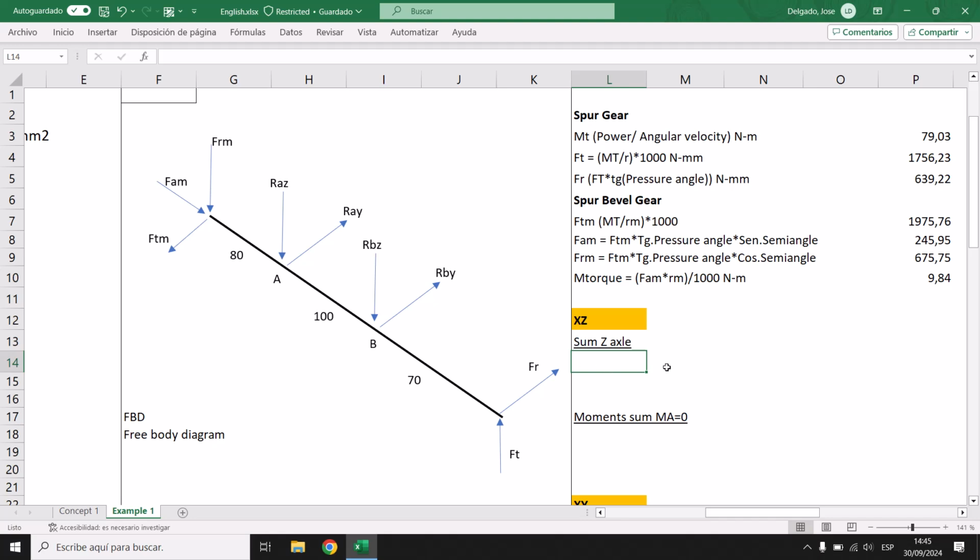So let's put down the equations here. First on Z, we are in XZ.